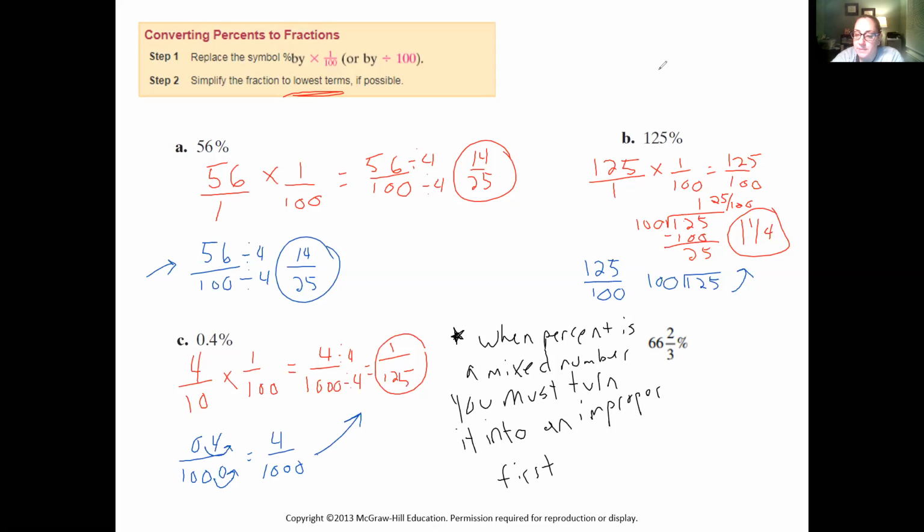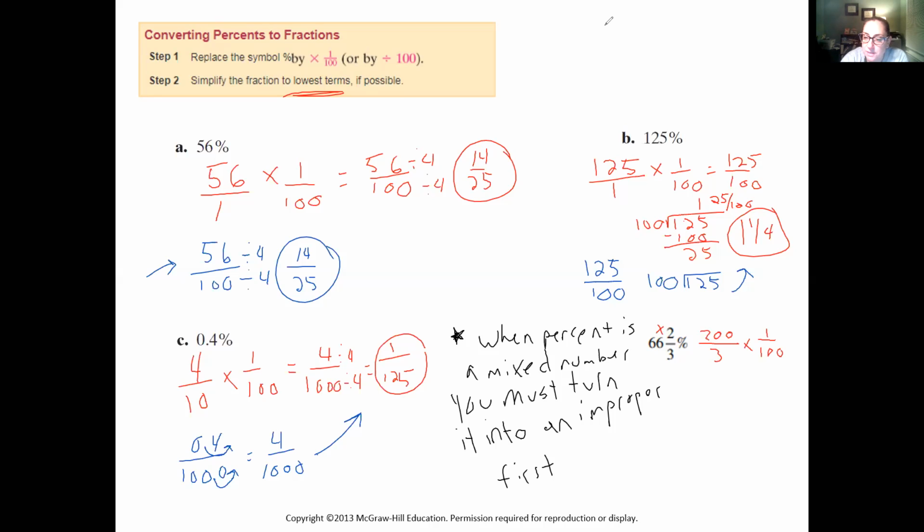So how we would do this: 66 times 3 is 198. Then 198 plus 2 is 200. So we would get 200 over 3 times 1 over 100.